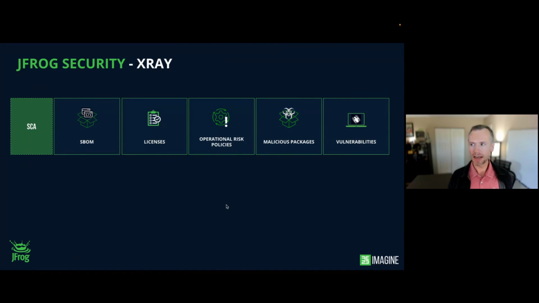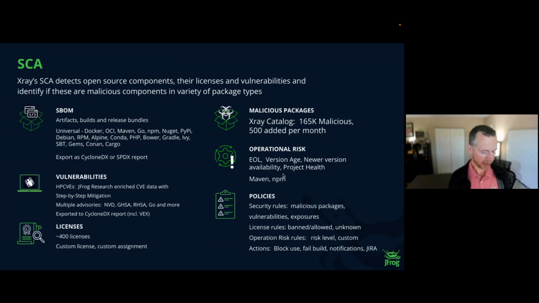So the capabilities that JFrog's introducing here, we talked about SBOMs, the ability to look at licenses, operational risk policies. I'm going to show you that in a moment, malicious packages, and identifying vulnerabilities. And this is all made possible through our software composition analysis, or SCA.